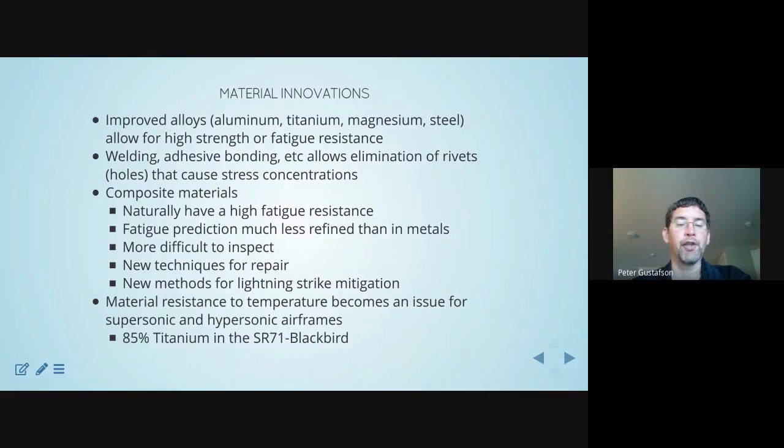This is true very much in supersonic and hypersonic airframes. Of course, supersonic and hypersonic airframes are in constant development and have been for many decades. One example of a supersonic aircraft and its use of innovative materials is the SR-71 Blackbird, which was 85% titanium.